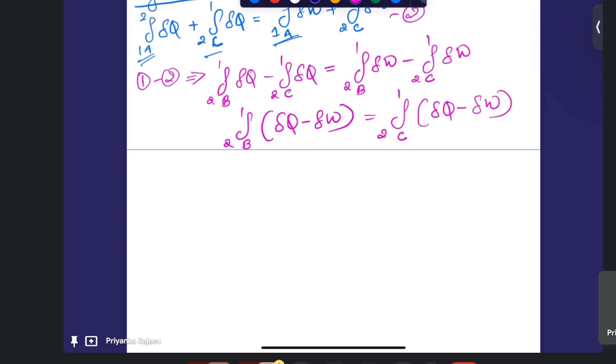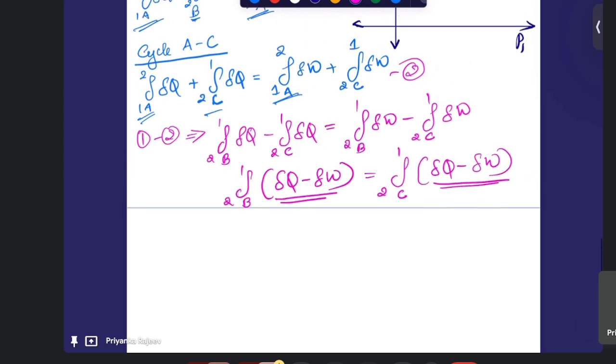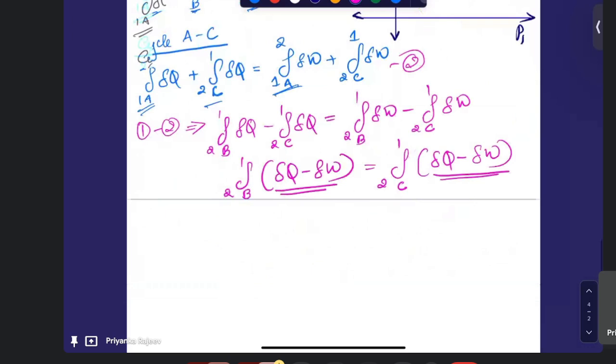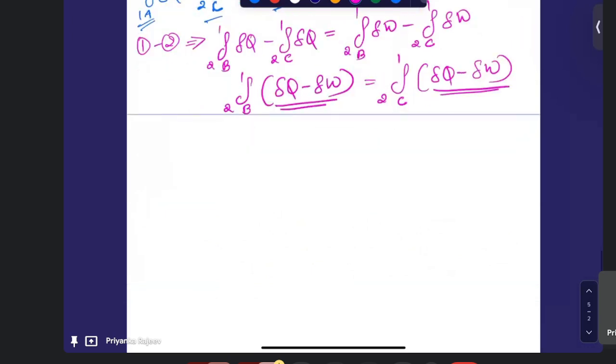Okay. So this quantity, delta Q minus delta W over path C and B, that integral is the same.